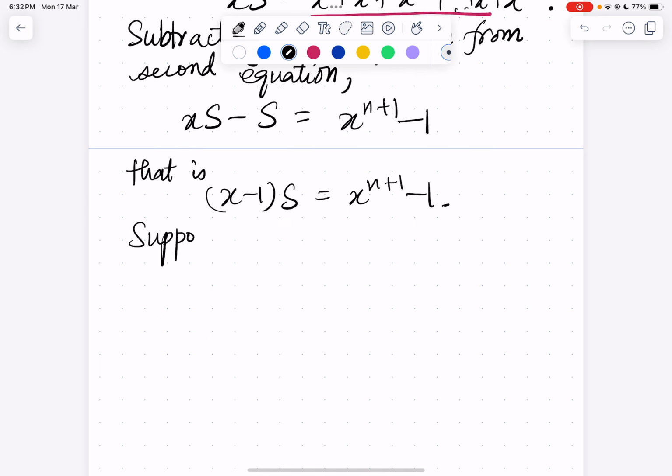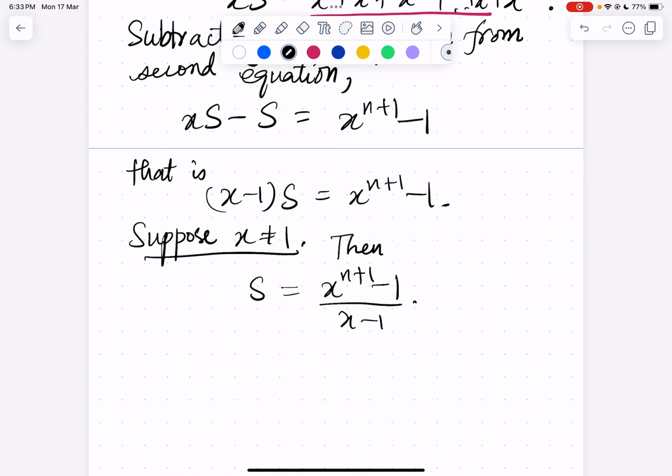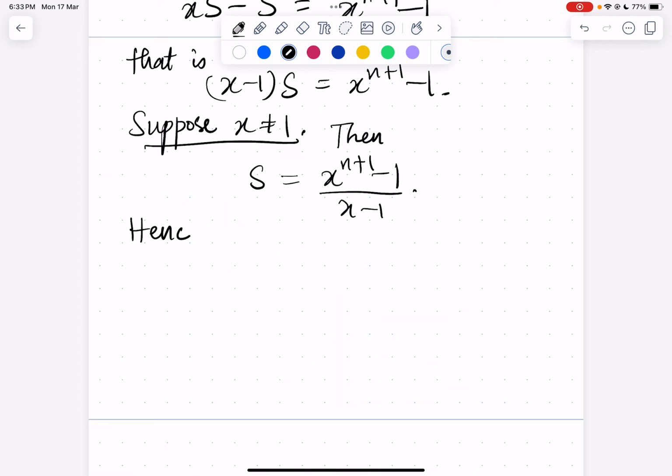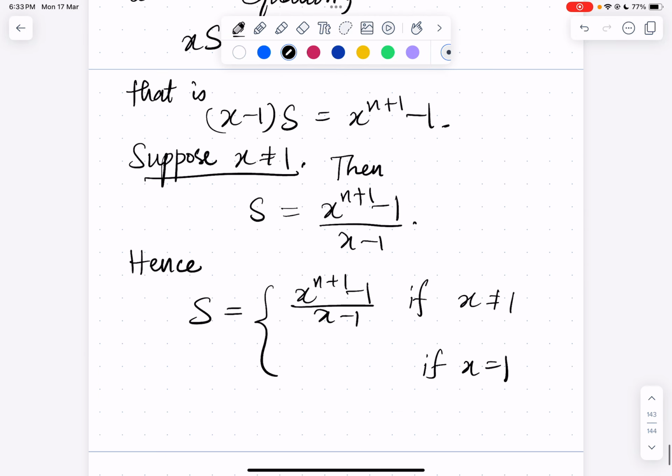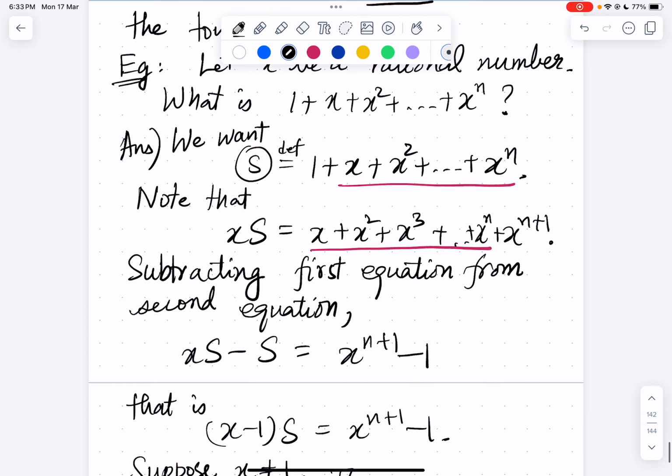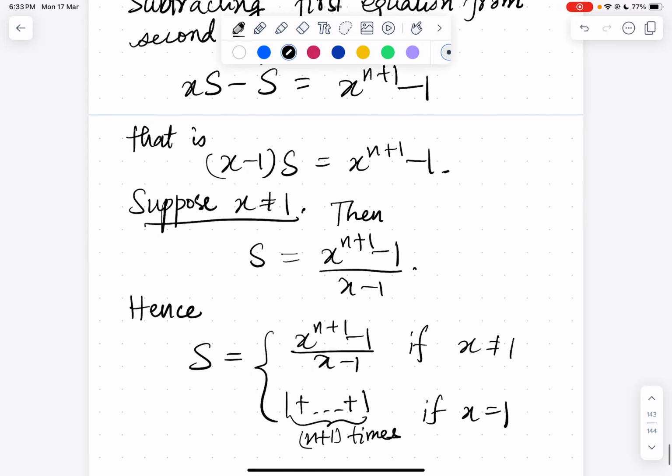Suppose x is not equal to 1, then we can divide by x minus 1 and write s equals x power n plus 1 minus 1 by x minus 1. Hence s equals x power n plus 1 minus 1 by x minus 1 if x is not equal to 1, and if x equals 1, s is just 1 plus 1 plus 1 so on till n plus 1 times.